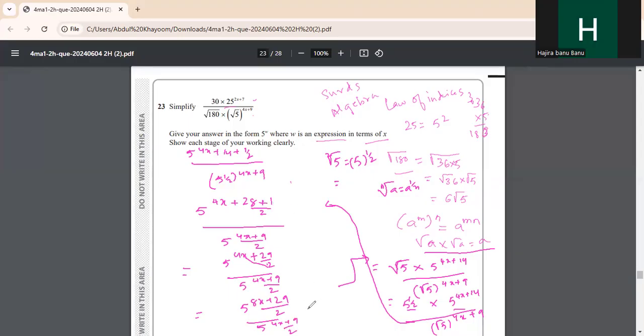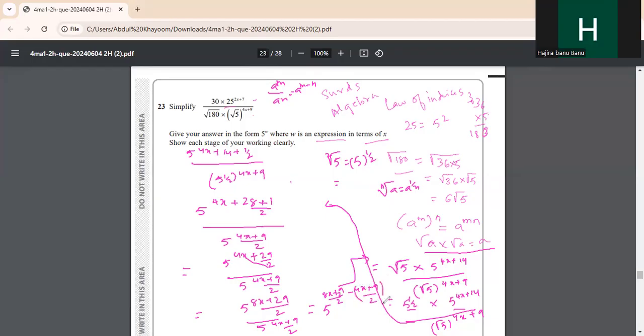Then now, because we have the same bases, if I have a power m by a power n, then it is a power m minus n. So the same thing I'm going to apply here, and I'll write 5 power 8x plus 29 minus 4x plus 9 by 2.